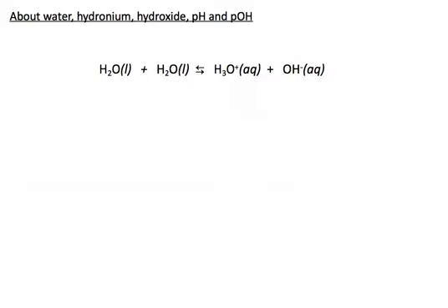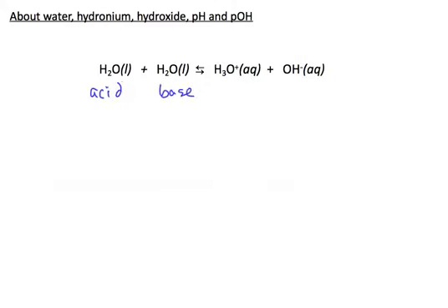So if I look at this particular reaction between water, I would be able to label it in Bronsted-Lowry terms, and I'd be able to label my water as an acid and as a base.